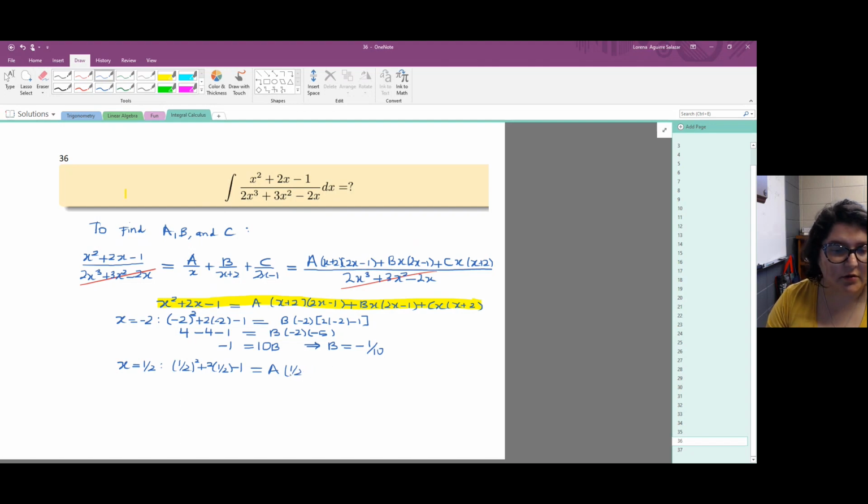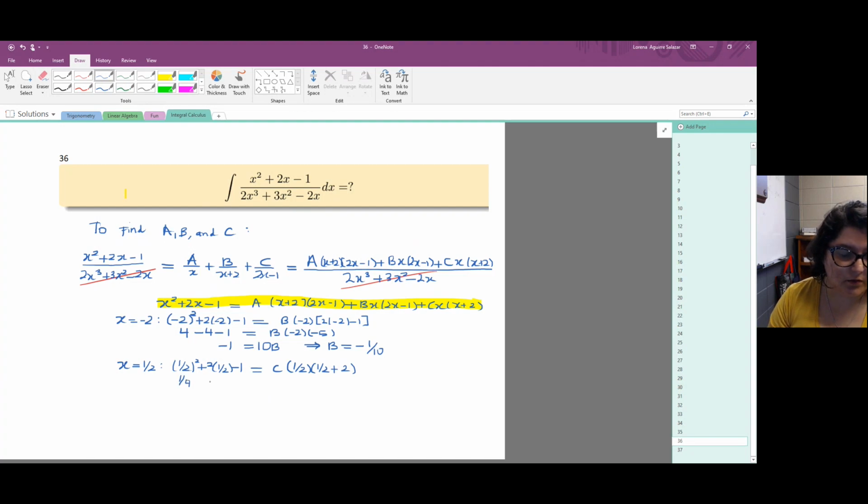So we don't even bother to write anything with a, because it's going to be a times 0. And then plus b times 1/2 times 0. The only term that will survive is c times 1/2 times 1/2 plus 2.